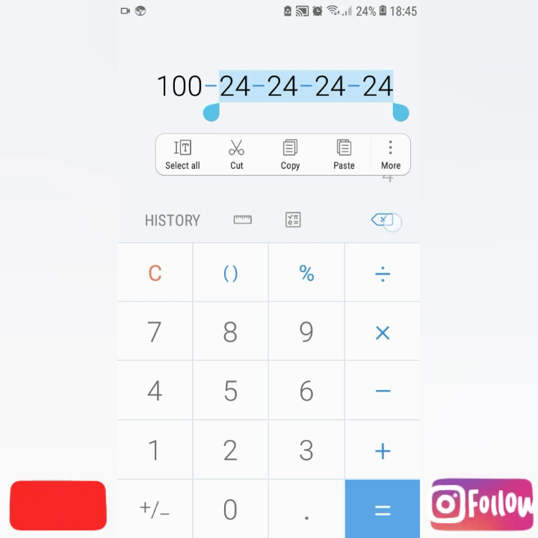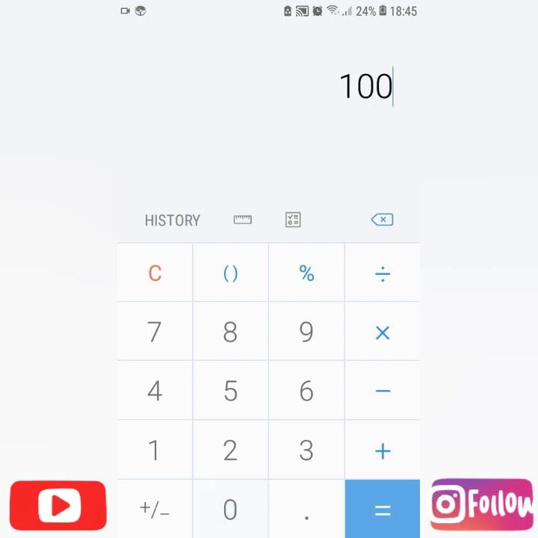Let me put it to you in a simpler way. Let's say we have 100. I don't want you to be confused; I want you to understand much better. We are risking 12 pip, so it's going to be 12 pip plus 12 pip plus 12 pip plus 12 pip. So you see, we have 48.